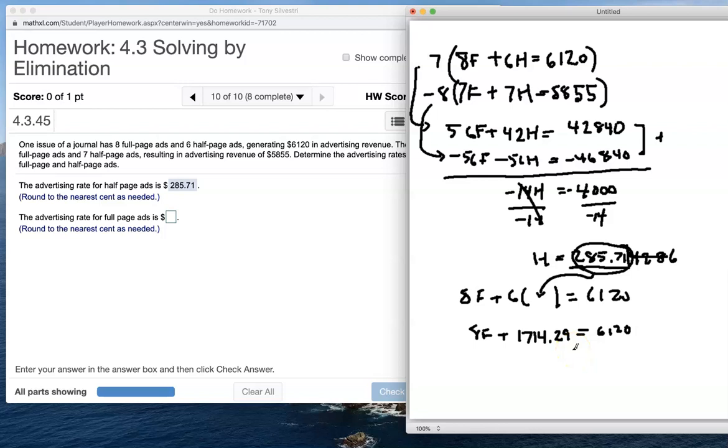And this is what I get on this side. 8F is equal to 4405.71, and divide by 8.